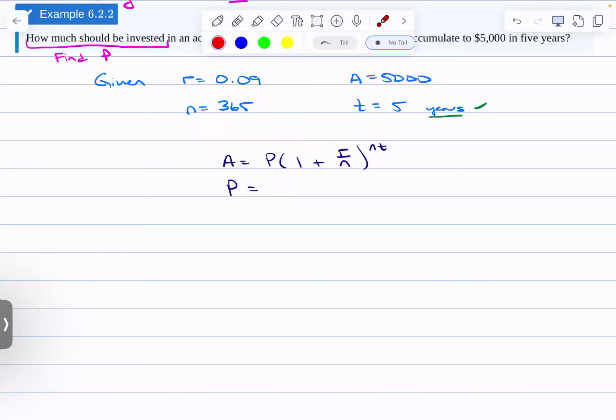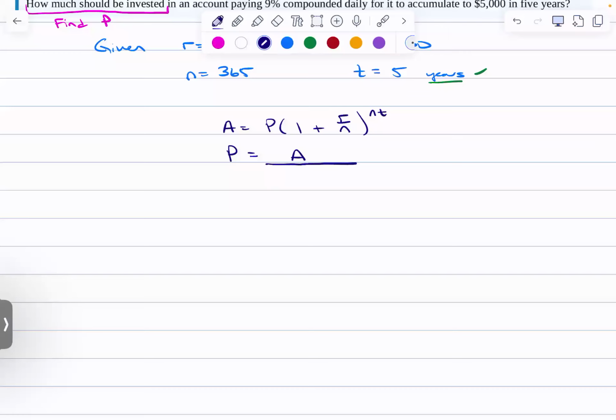And so then we get A divided by 1 plus R over N to the N times T. Now on the formula sheet right now, it says a lowercase i, but earlier they defined i equals R over N. And so I'm going to change that to match what we're doing, and I'll just have R over N.